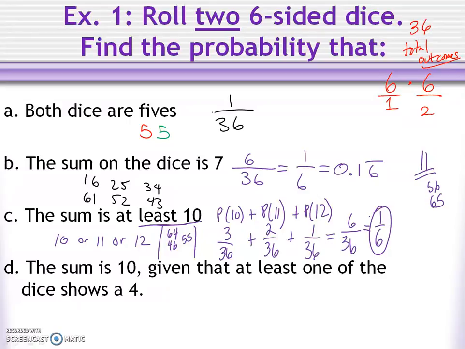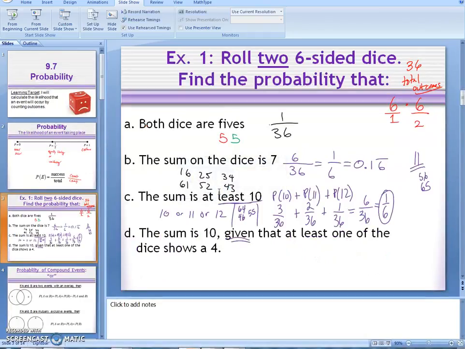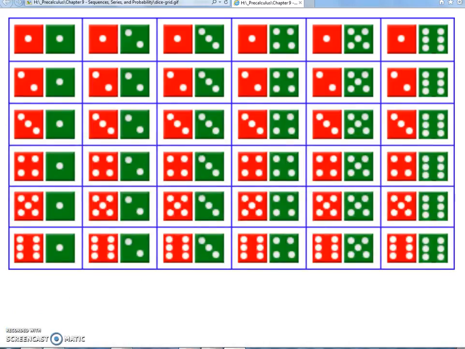And then finally, this word given changes your total number of outcomes. This is essentially what's going on there. What is the probability that the sum is a 10 given that at least one of the dice shows a 4? Given that at least one of the dice shows a 4, if you go back to your 6 by 6 array, you can see that this whole row and this whole column demonstrate the entire sample set of 4s.